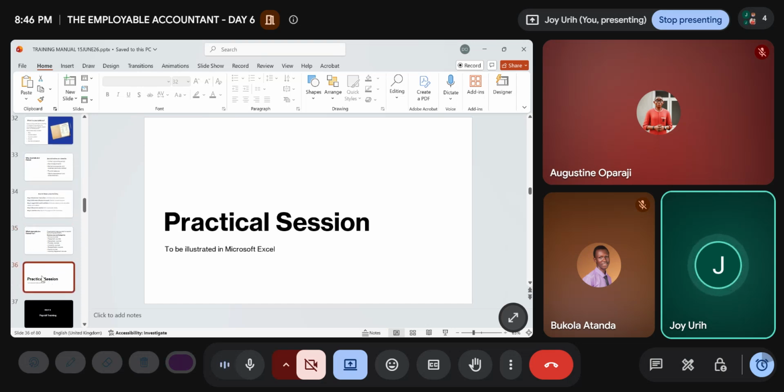So now that we know this, we can now go to our practical session, which will be illustrating in Microsoft Excel. So now I'm going to share my Microsoft Excel now, so we can begin.